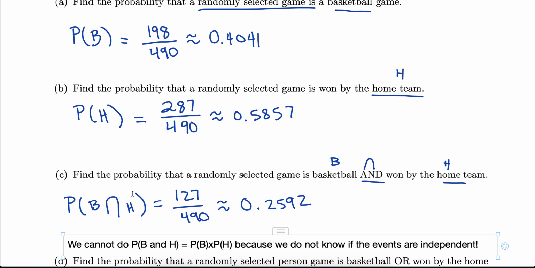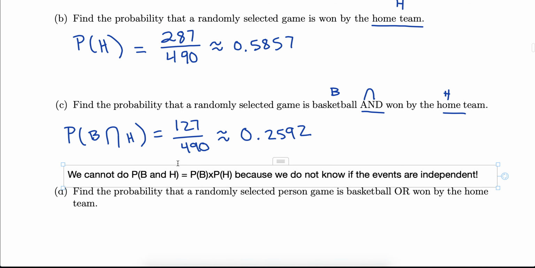Okay, so be careful of that common mistake. And if you have the data in a table, it's often easy just to go ahead and read that information directly from the table.